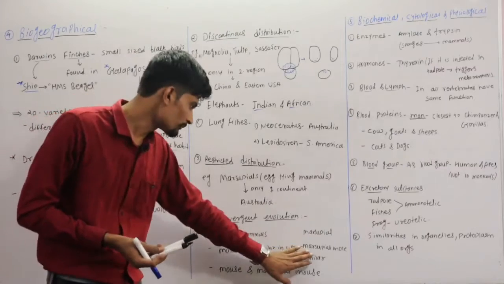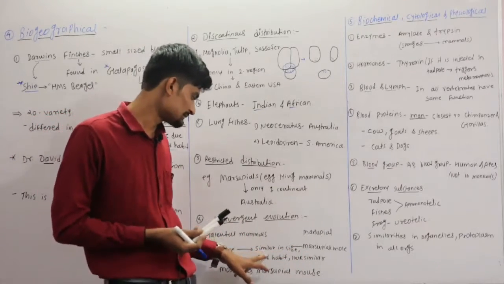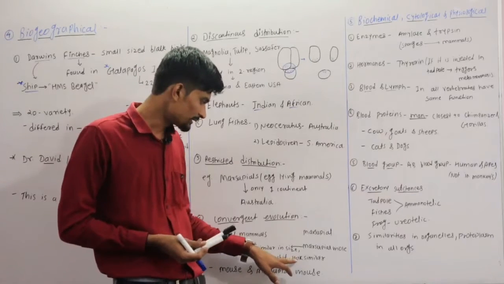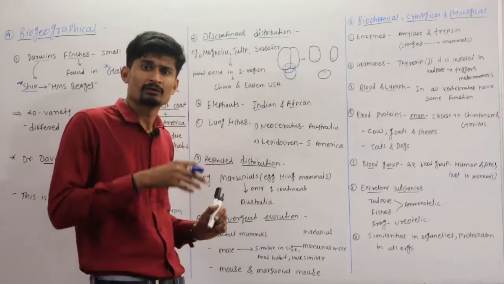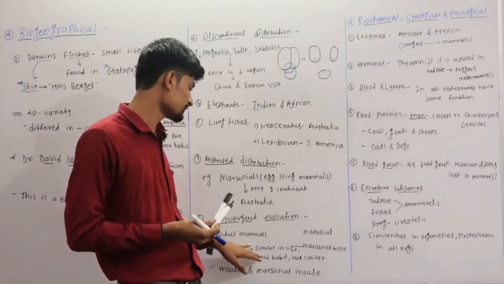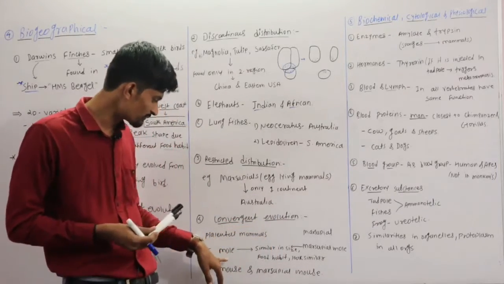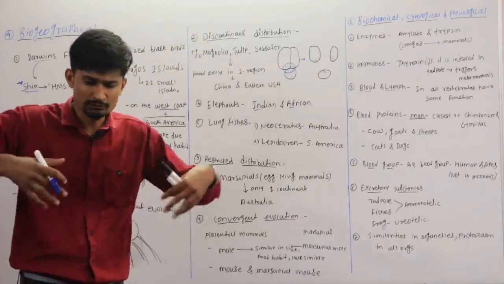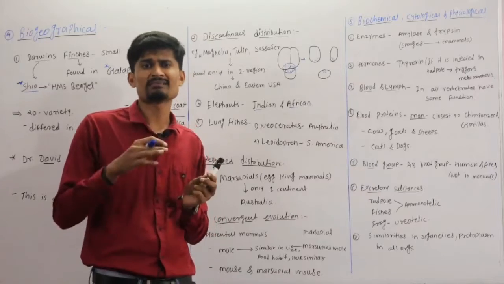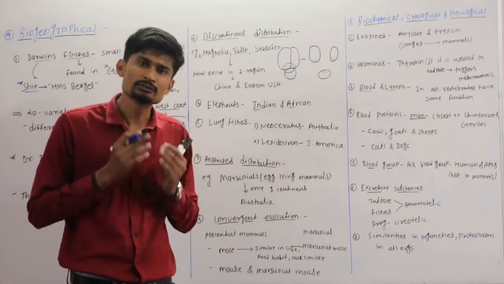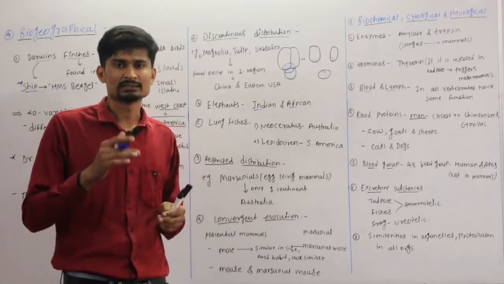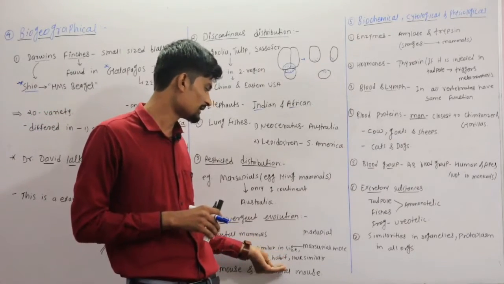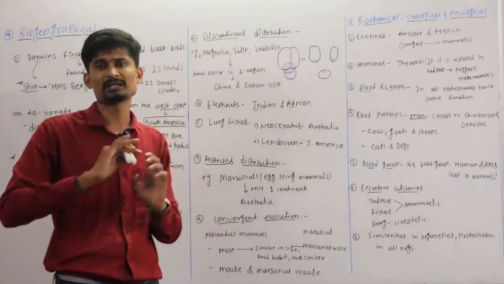This mole and marsupial mole show similar characteristics: they are similar in size, their food habits are also the same, and they look similar. So why is there a similarity between two different groups? It is due to the geographical conditions, because they are present in the same environment, in the same geographical area, and due to this their size is the same and their food habits are the same.